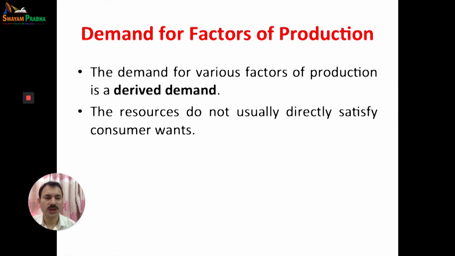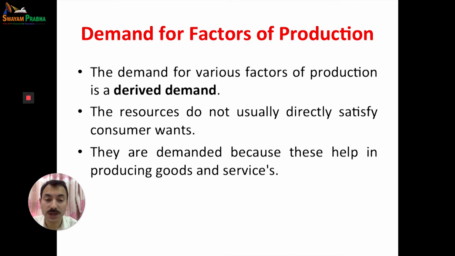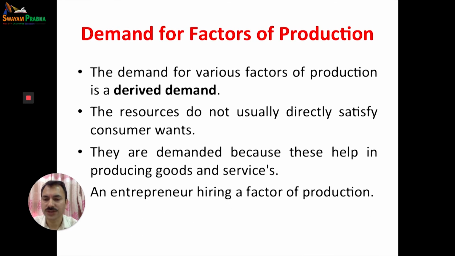The demand for factors is indirect demand. They are demanded because they help in producing goods and services. Why do we demand the factors of production? Because they help in producing goods and services in the economy, in a country.